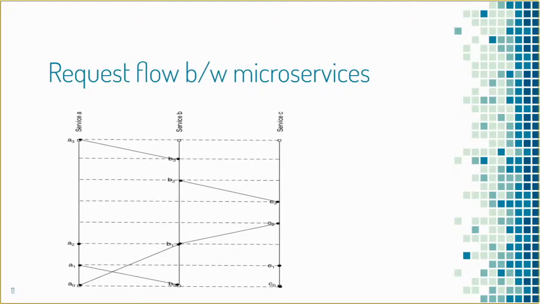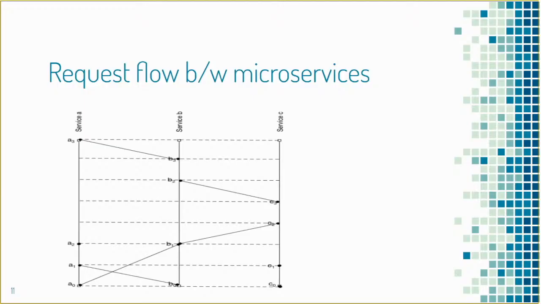Request is flowing from service A to B, B to C, then response is coming back from service C to B, and then B to A. Then there is a lack of a linear path, and it makes it very hard to track the request flow, and we don't have any data about what the request ID was which was flowing into multiple applications, or what the time taken was.